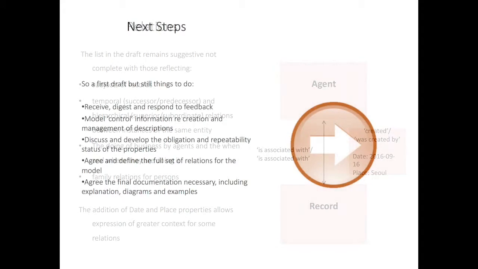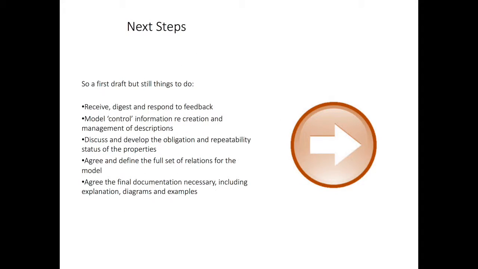So, next steps. This is a first draft, but there's still, as Daniel has suggested, an awful lot that we need to do. The first thing is to receive, digest, and respond to your feedback. We need to model the control information, that is, information about the creation and management of the descriptions by archivists, and that is something yet to be done.